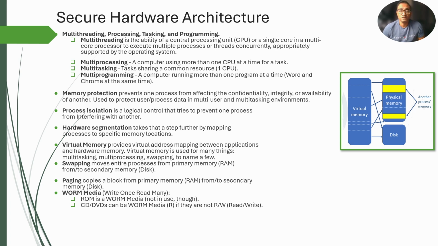What is important to understand in system hardware architecture are the various concepts that we have previously seen in the operating system context: multi-threading, processing, tasking, and what kind of programming has been done to make sure that the instructions are translated into something the machine can understand.